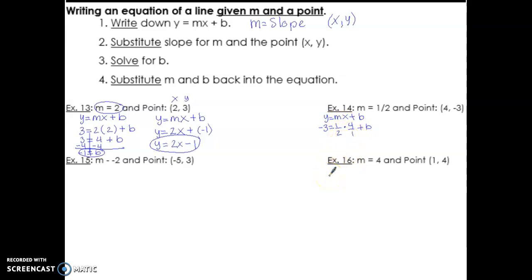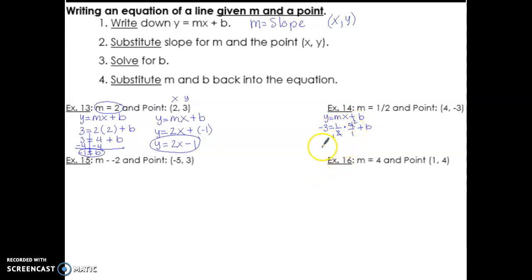When we multiply fractions, all you're doing is multiplying the numerators together and the denominators together. However, if you can catch this, you can see that the 2 and the 4 can be cross-reduced. This would turn into a 1, and this would turn into a 2 because you divided both the 2 and the 4 by 2.